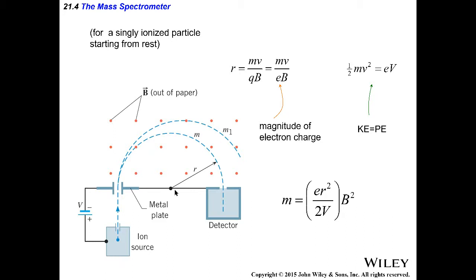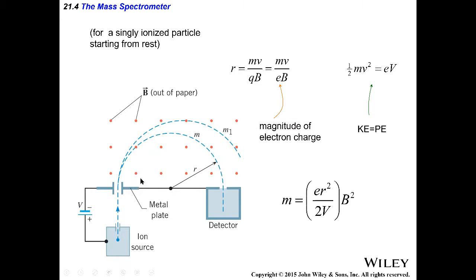Therefore, my thumb gives me the direction of the force, and this means that these positive charged particles will now be going on a semicircle. And the radius depends on the mass of this ion, its velocity v, divided by the charge E over B. And clearly, different masses will have different radius.